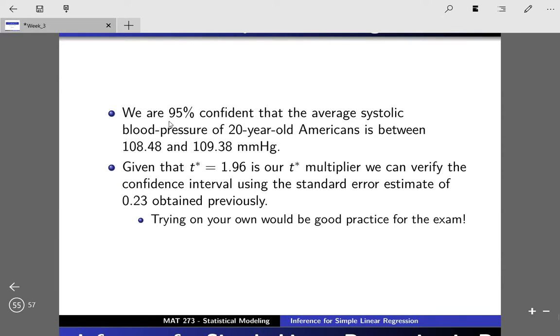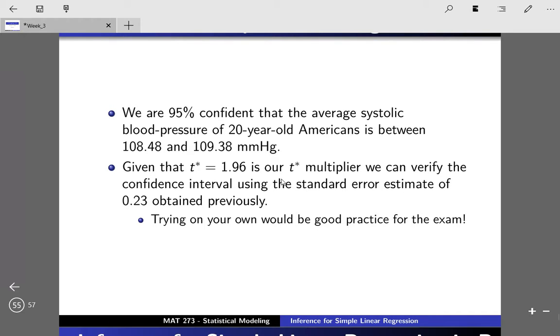So we interpret this interval as saying we are 95% confident that the mean systolic blood pressure of all 20-year-old Americans is between 108 and 109 millimeters of mercury. So this is the key distinction here between a prediction interval for an individual person or value and a confidence interval for the mean.